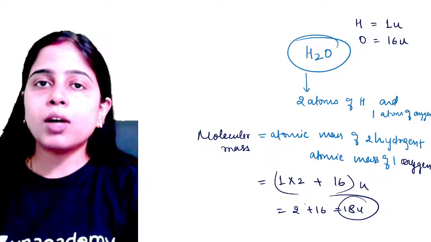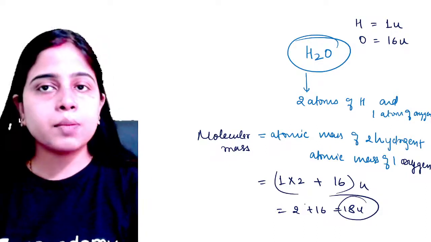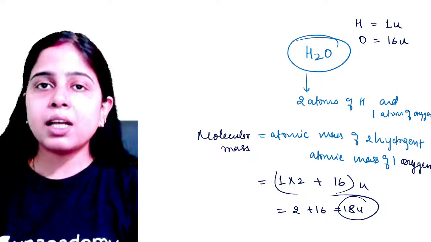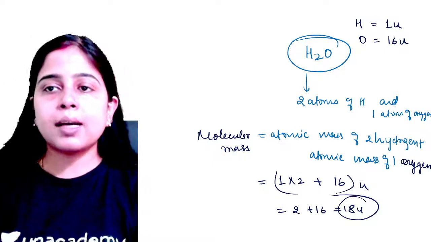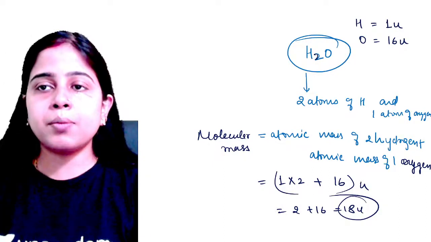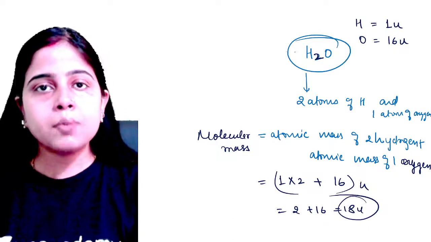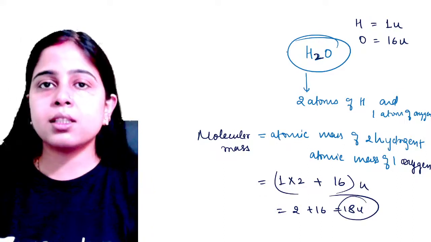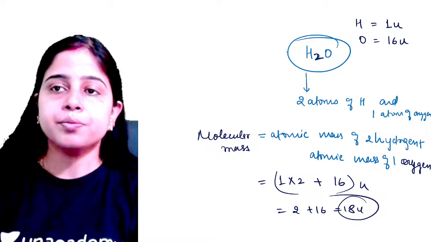Clear? So how to find the molecular mass? You just need to observe which atoms are present. First observe which atoms are present. After that, see how many of each atom are present. For example, if you have some numbers written as a subscript or on the side of the atoms, that number represents the number of atoms present in the molecular formula or chemical formula of a particular molecule.